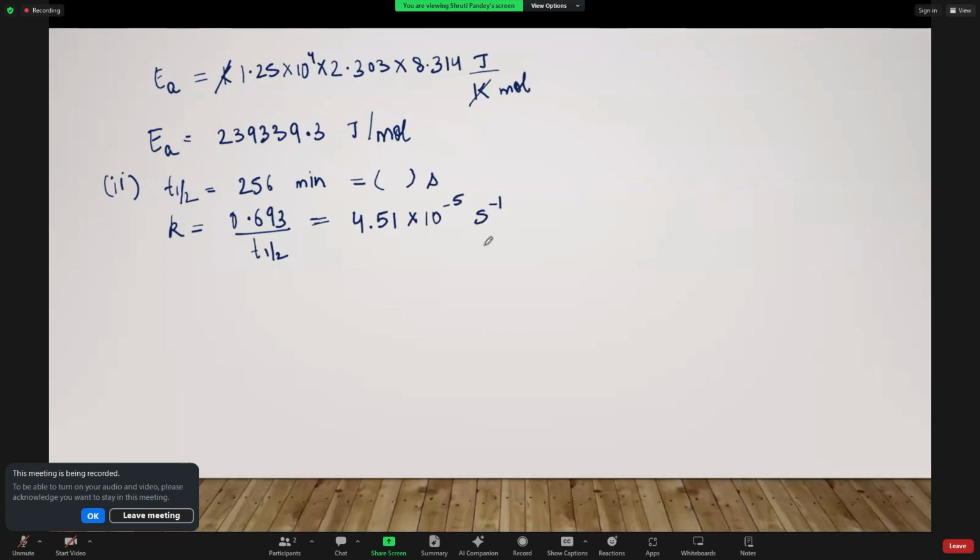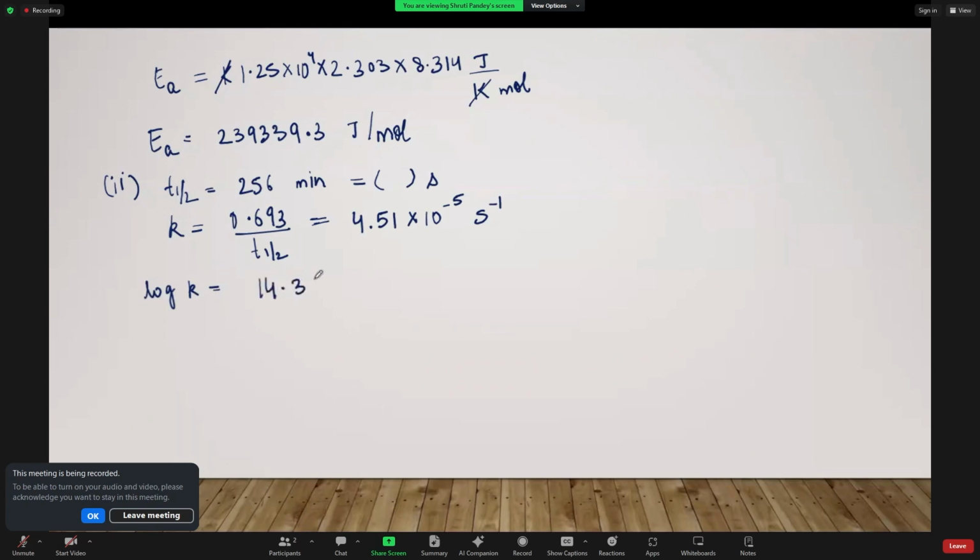Now what you will do, they have given that equation. In that equation you simply put the value of this K and find out the value of temperature, from their own equation. The equation which is given in the question, the system is following that particular equation, so we will use that equation itself.